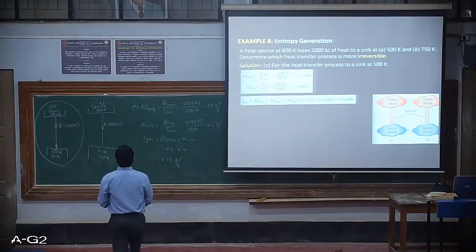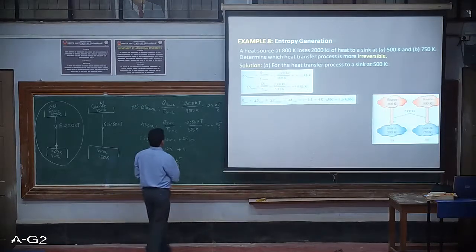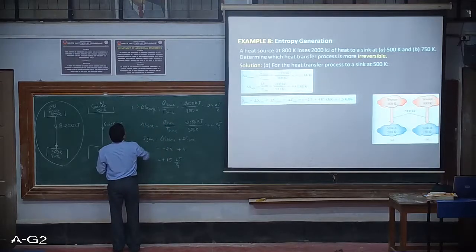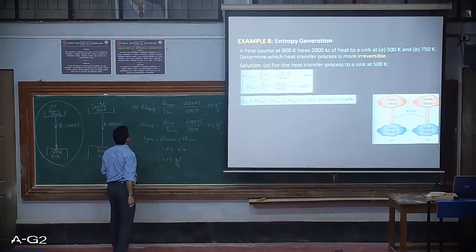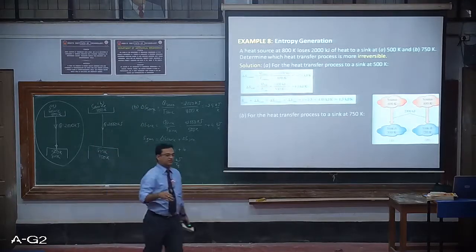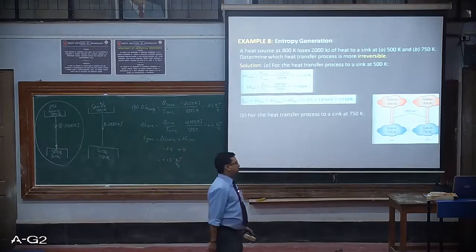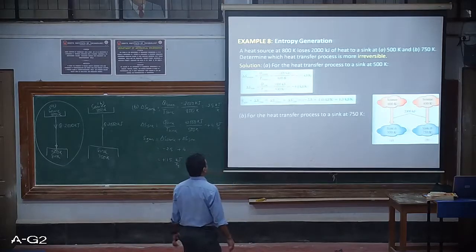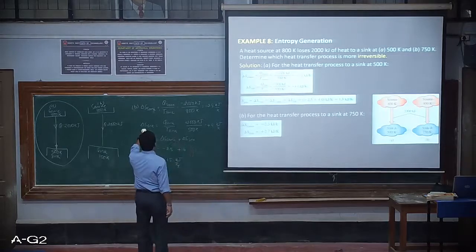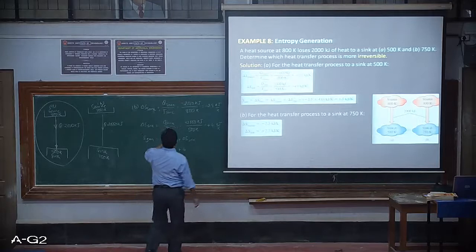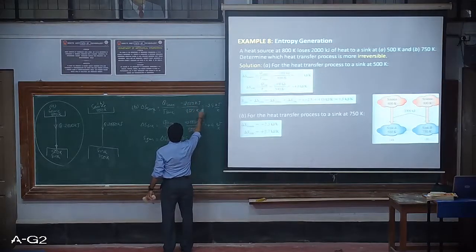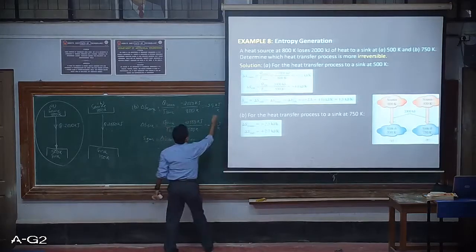Similarly, you have to calculate for case B, which I'll be doing here. Let's change the values. For case B, the equations are again the same, and of course the source will remain the same. Sink temperature is 750 Kelvin. So the value of delta S for the source is the same, minus 2.5 as it is.